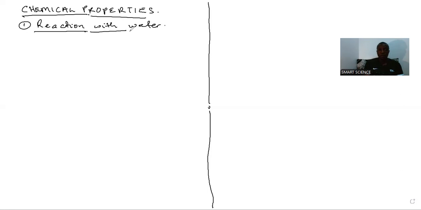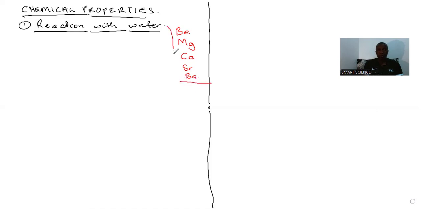Before we discuss how group 2 elements react with water, I would like to remind you that in group 2, we are looking at elements like beryllium, magnesium. From magnesium, we go to calcium. We look at strontium, and we also look at barium.